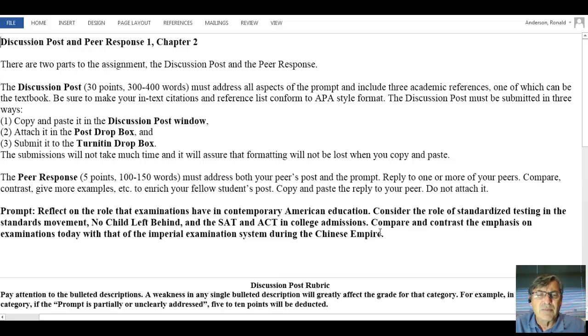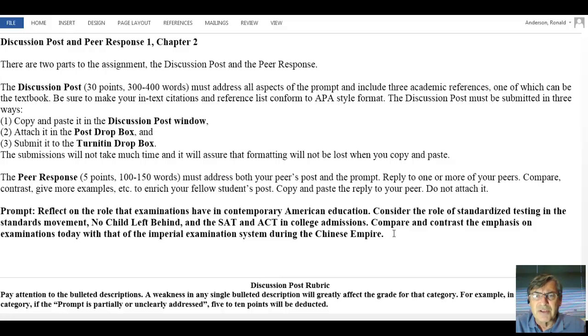And so let's get some balance. Look, all the time, don't get sidetracked and talk all about the STAAR test and what's wrong with the STAAR test or what it's like during the STAAR test. Make sure that you're spending most of your energy comparing and contrasting the emphasis on examinations today with that of the Chinese Empire. When you respond to your peer, they might have been off track.